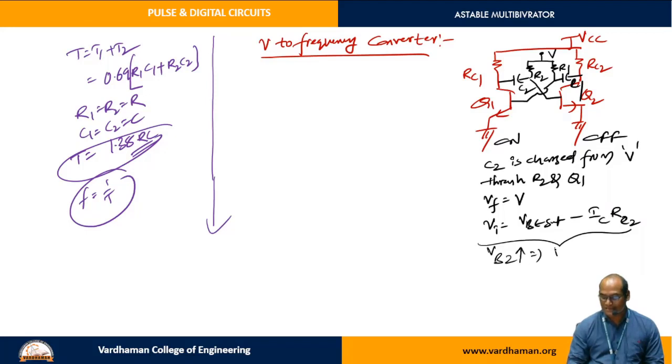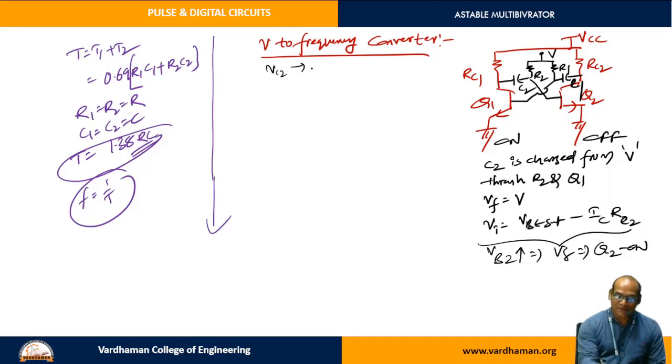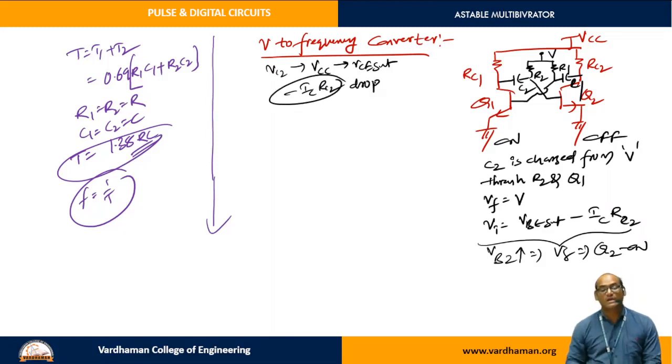Whenever it reaches V gamma, the Q2 transistor will get into the on state. When Q2 becomes on, its voltage changes from VCC to VCE sat. How much fall is there in the voltage? Minus IC into RC2 drop. This much drop is there from VCC to VCE sat.